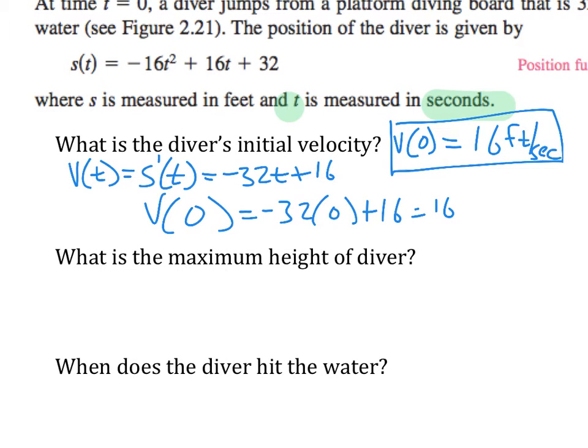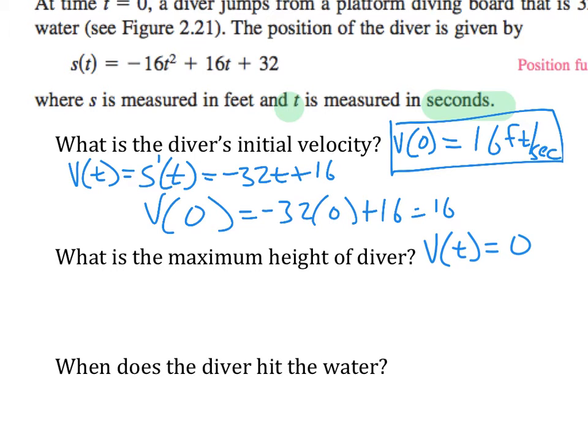So what's the maximum height of the diver? Well, where do we find the maximum height? Remember, the maximum height is when the velocity will equal 0. So when velocity is 0, we have a maximum. Or just think about if this was a curve, which it is, a parabola, then we can find the extrema when the derivative of s is 0. Well, the derivative of s is velocity.